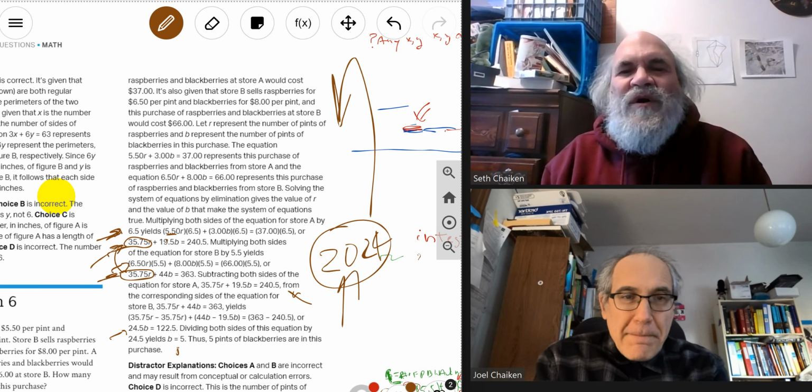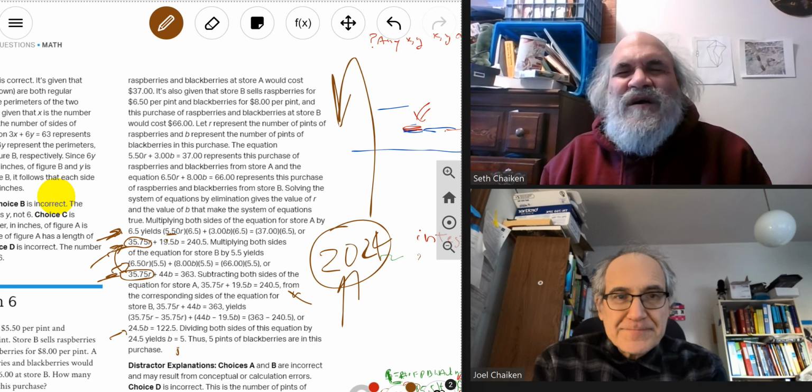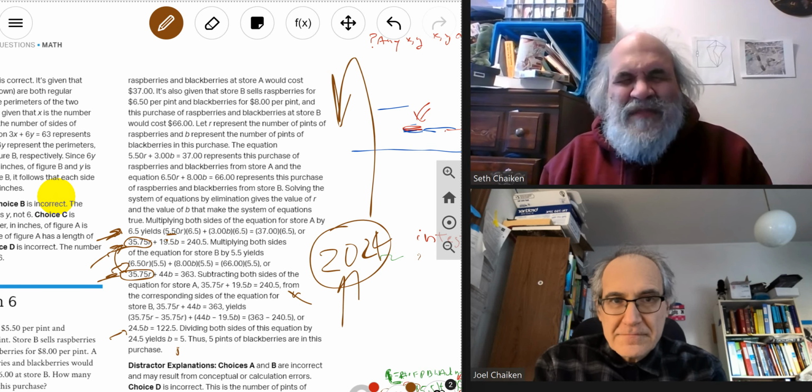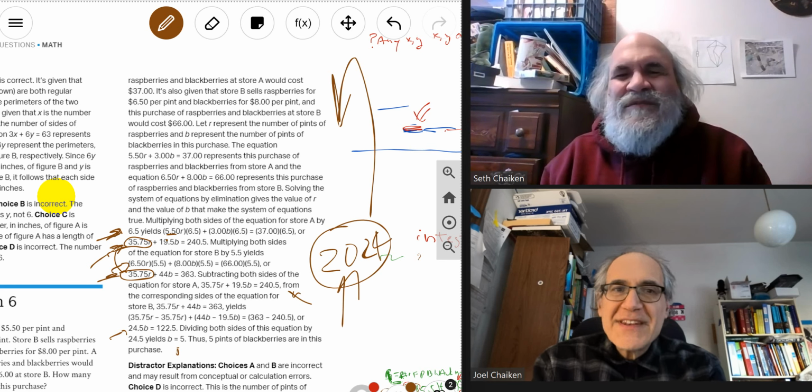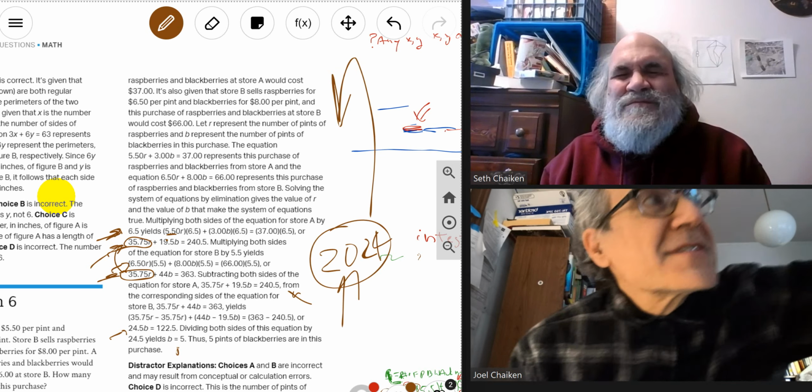Okay. Well, what about legal calculators? Is it legal on the SAT to have a calculator that has a built-in function for solving two equations and two unknowns? Yes, the standard calculator is the TI-84.